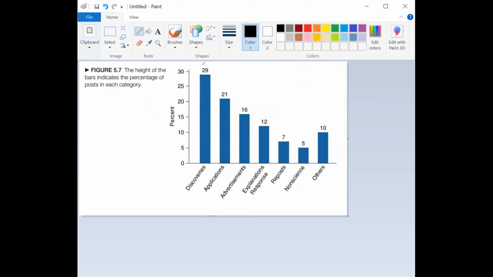I apologize, I did not make clear what this is. Someone went through Facebook, identified science-related Facebook pages, and then they looked at the posts. So these are posts from science Facebook pages.